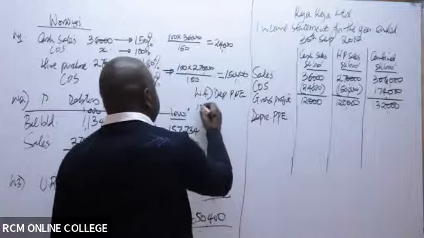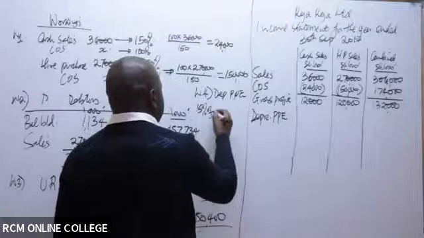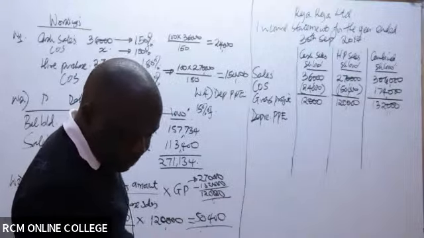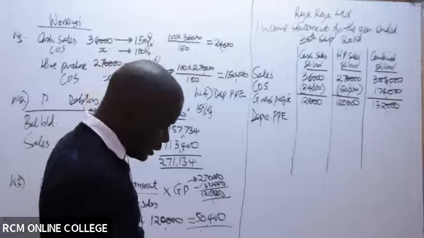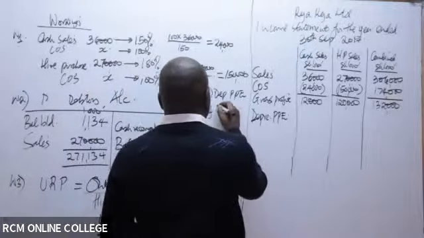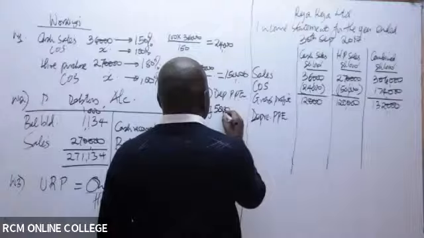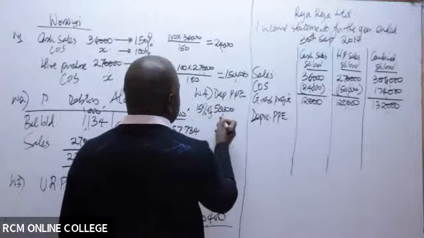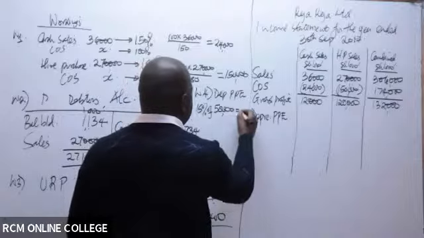They have said 15% of the cost of property, plant, and equipment, which is 50,000. So 15% of 50,000 gives a value of 7,500.